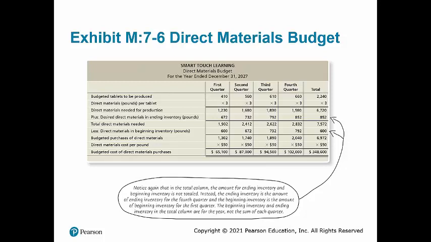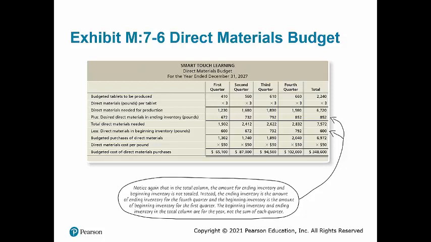For the third quarter, we take the fourth quarter's pounds, 1,980, multiply it by 40%, and we get 792 pounds. And the 852 pounds for the fourth quarter was given to us in the problem.